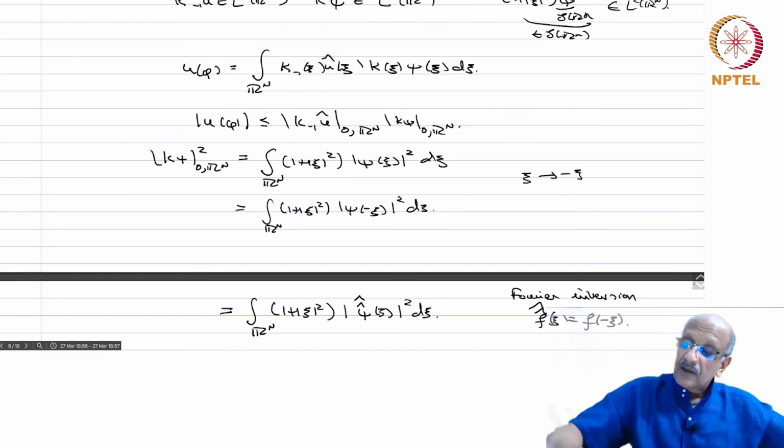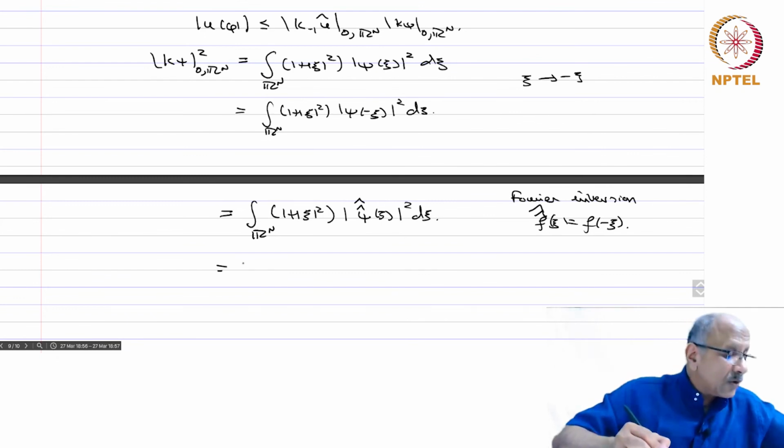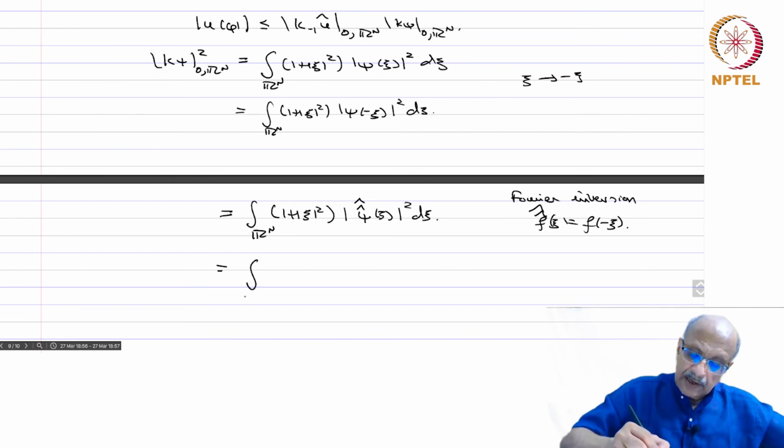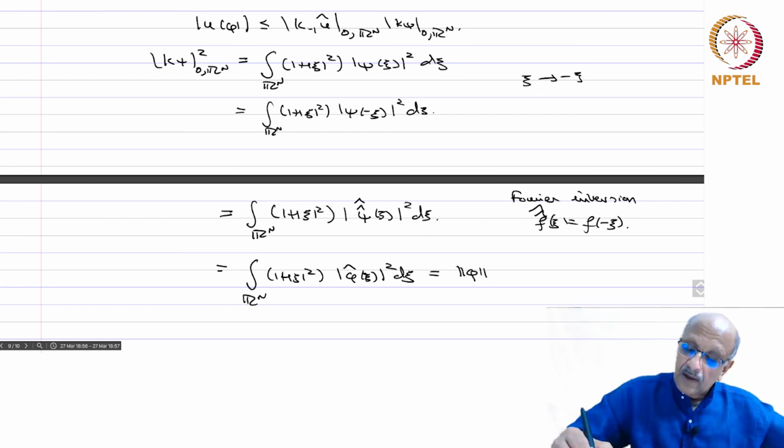You can check that very easily just by writing out the formulae. So this is equal to the integral over Rⁿ of (1 + |ξ|²)|φ̂(ξ)|² dξ, and that is nothing but the norm of φ in H¹(Rⁿ).